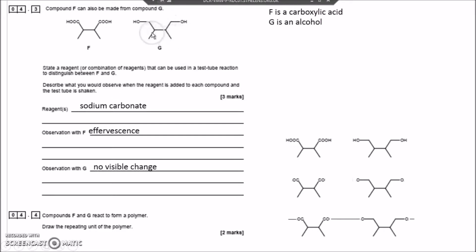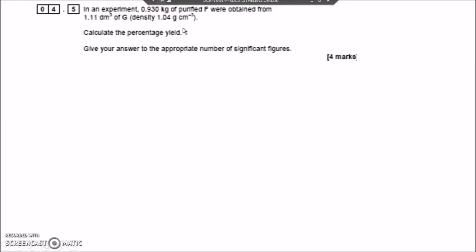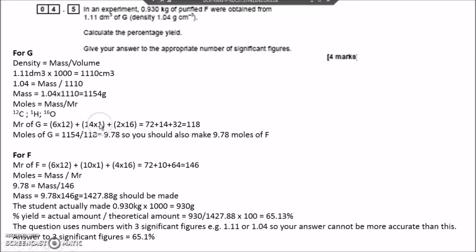So 6 carbons, 14 H's and 2 O's. So when I work that out, the MR of G is 118. Now moles is mass divided by MR, so the mass is 1154 grams, divided by the MR 118 equals 9.78. So I'm reacting 9.78 moles of G.